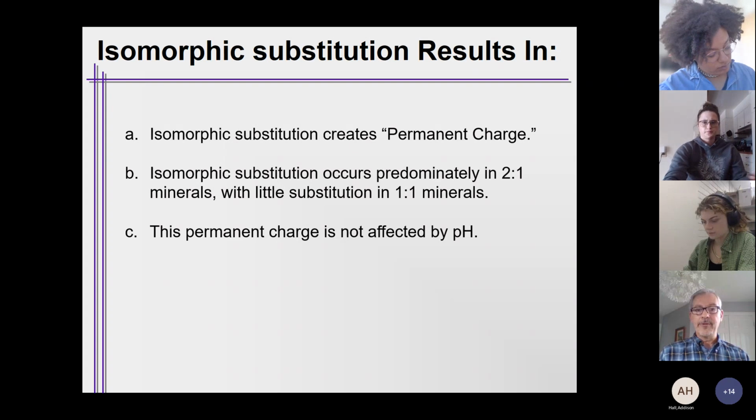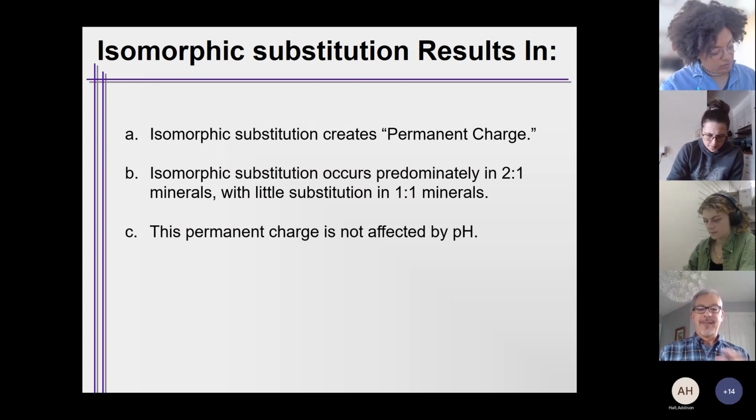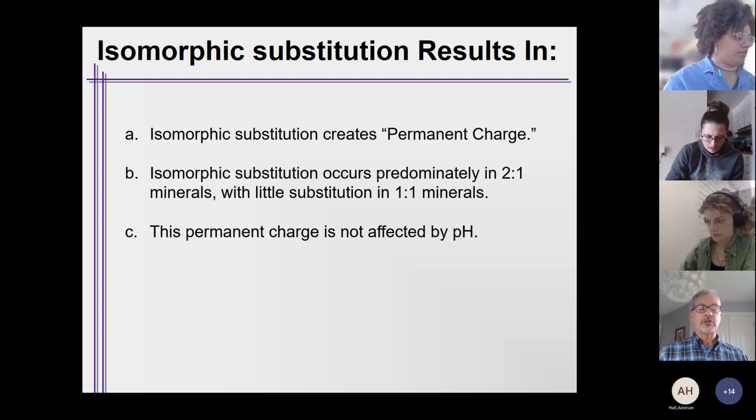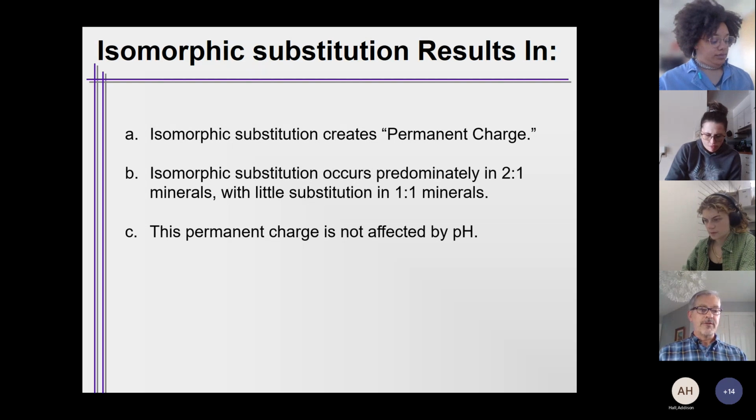And when this happens, and Madison, I'm talking sort of directly to you, but to everyone, the charge is permanent and it's not at all affected by pH. The negative charge due to isomorphic substitution would be the same if you were at pH 4 in a soil versus pH 9 in a soil. You would still have negative charge due to isomorphic substitution.